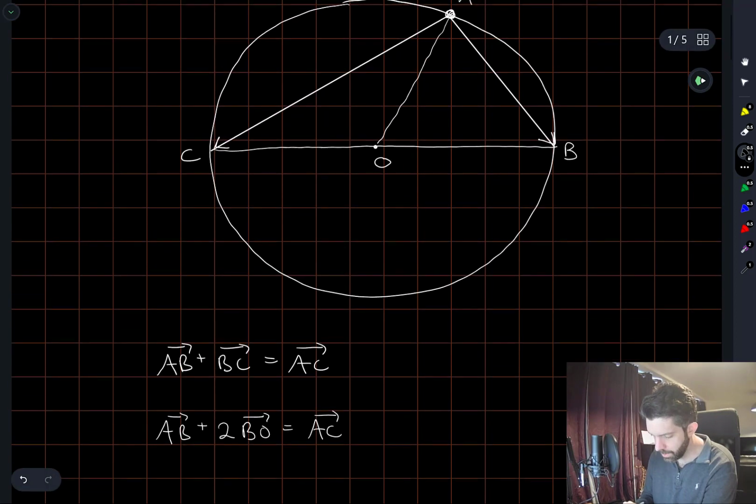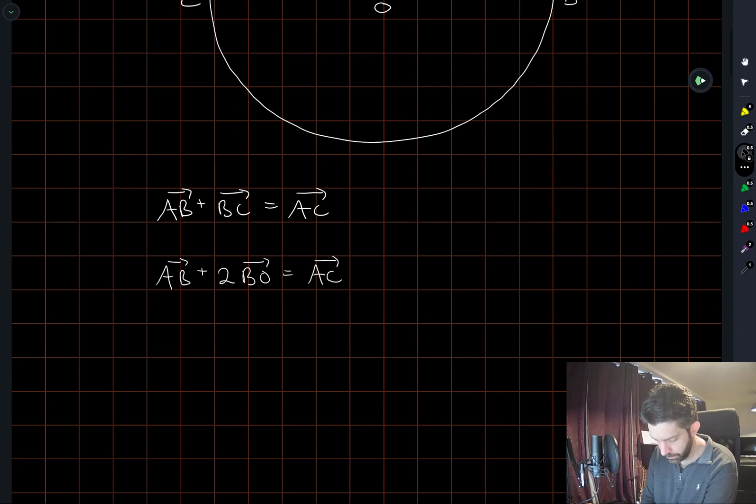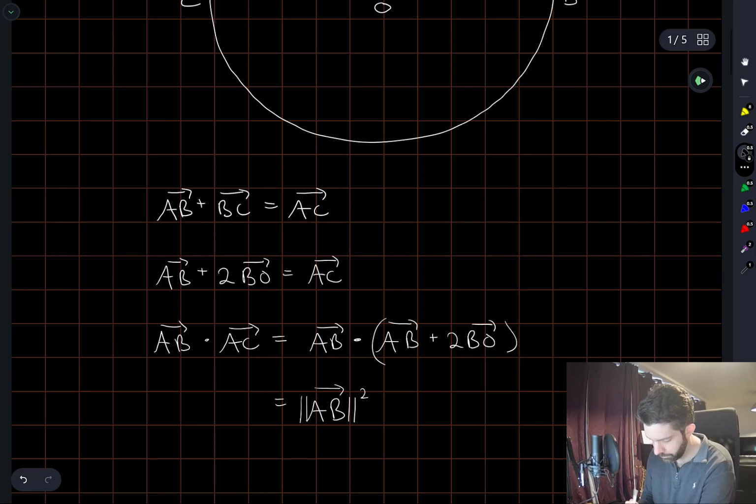And if I take a dot product of AB and AC, so that's AB dot AC, it's AB dot AB plus 2BO, which is the norm of AB squared plus 2AB dot BO.